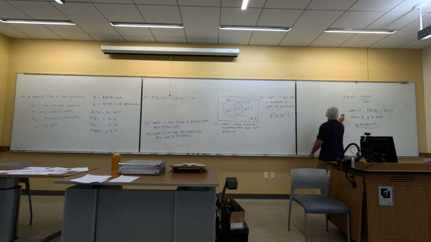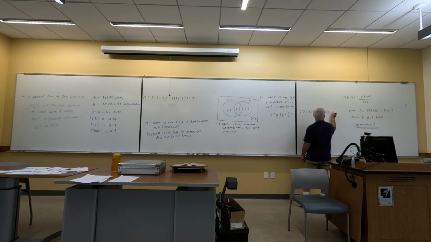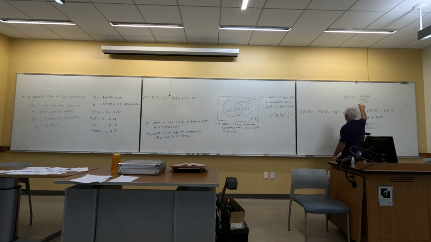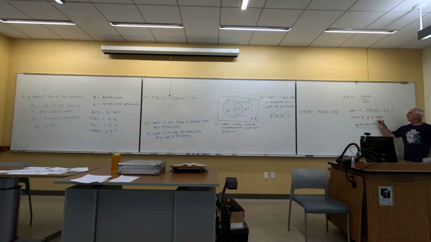Now, here's another formula that's always true. The probability of A intersect B is always equal to the probability of A given B times the probability of B. I just multiplied out. This is always true because we're just working backwards. So let me throw a what if at you. What if A and B are independent?